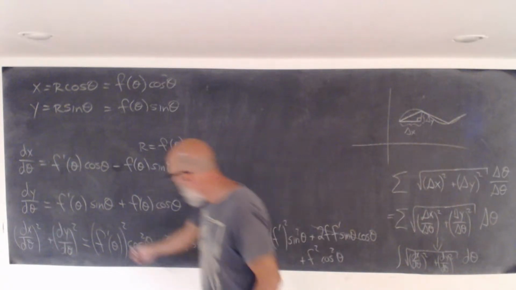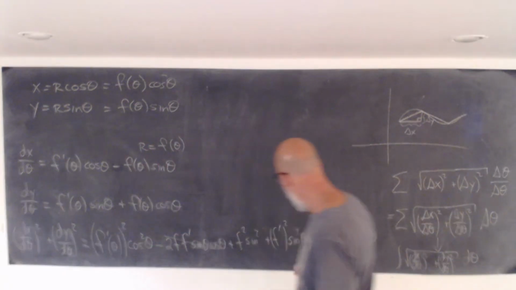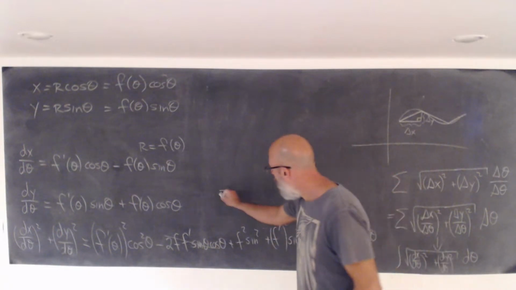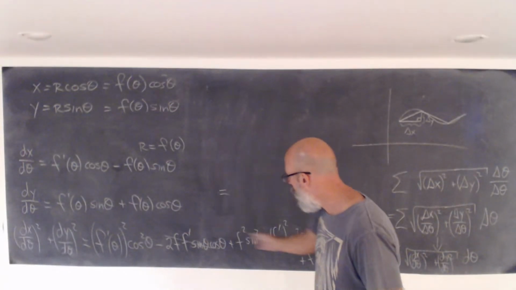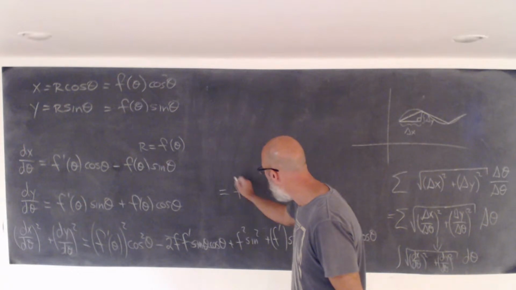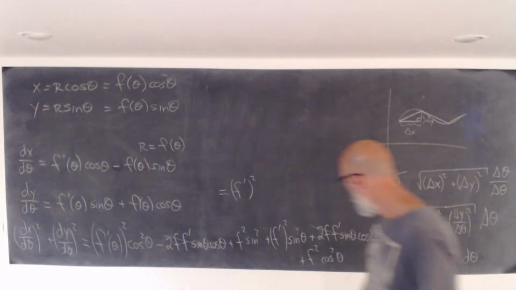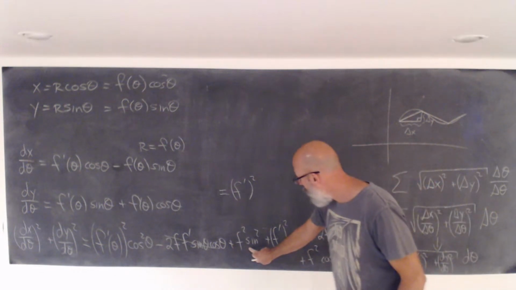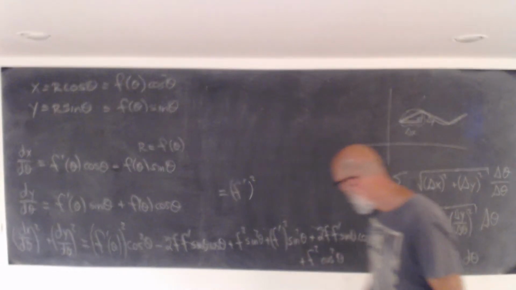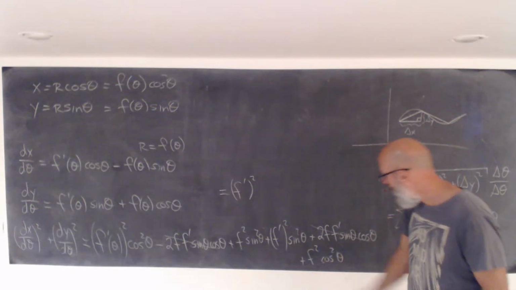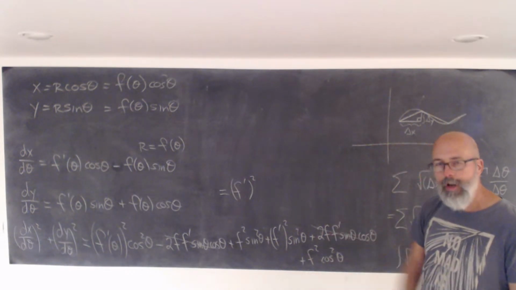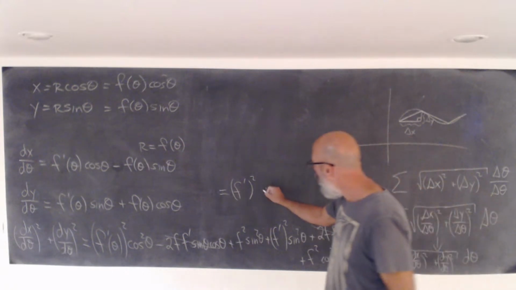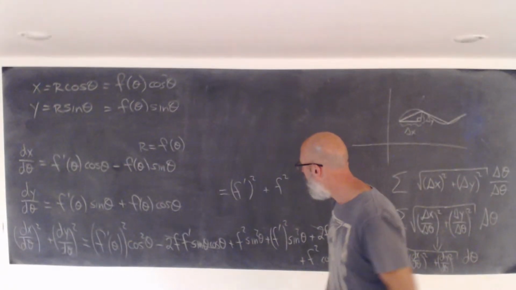Here you have f prime squared cos squared plus f prime squared sine squared, so that these two together give you f prime squared. And then you have f squared sine squared plus f squared cos squared. Factoring out an f squared, you get sine squared plus cos squared, which is again 1. So f squared. And there it is.